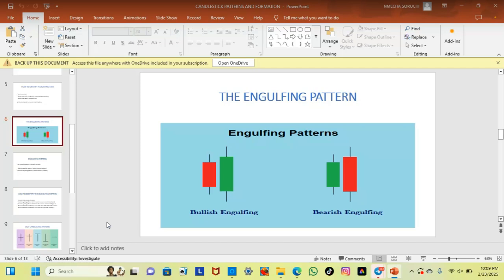So for a bullish engulfing pattern, the first candle is always red, and a bear candle will always close at the bottom. So this green candle here, which is the second candle, should always open at the close of the bear candle or slightly below the close of the bear candle.